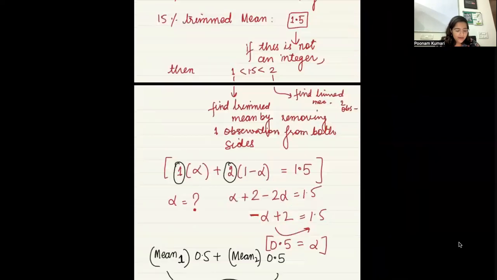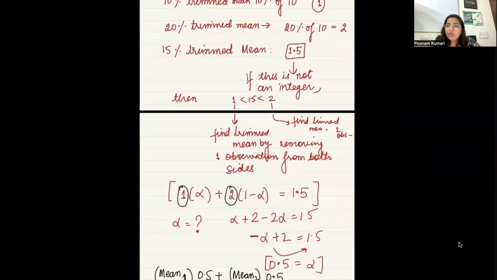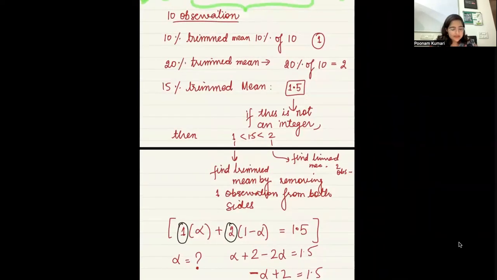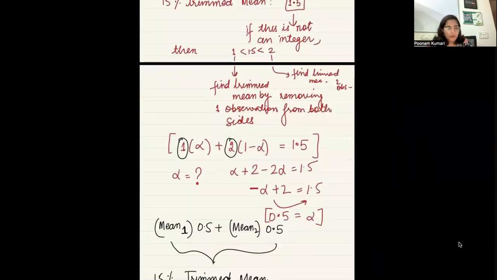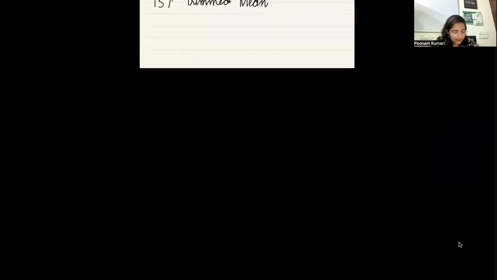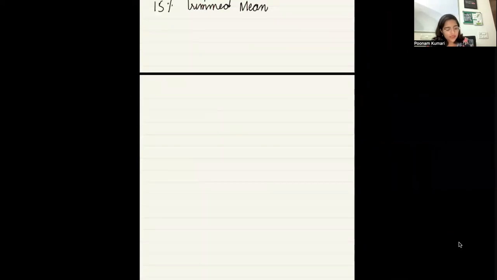But again, reiterating this point, whenever you do some sort of trimming and this number is not an integer, then you have to find an appropriate alpha value which will bring 1 and 2 to 1.5. Here I'm just using 1 and 2 because they were the example. It could be anything. For example, if some trimming gives you the number 2.7, 2.7 is between 2 and 3, right?